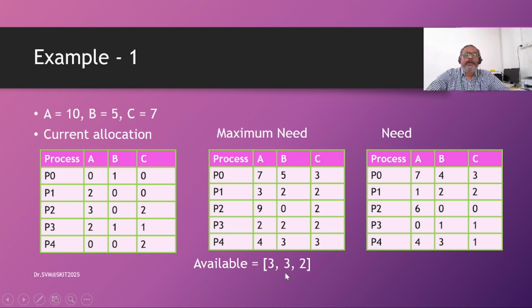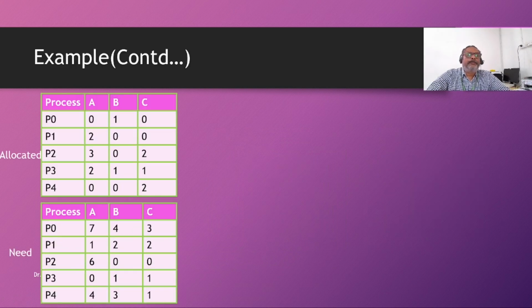So let's see, can we fulfill any of these needs, and if so, in what sequence can I fulfill them, so that each of these 5 processes gets its chance to complete its task? If so, let's check it.